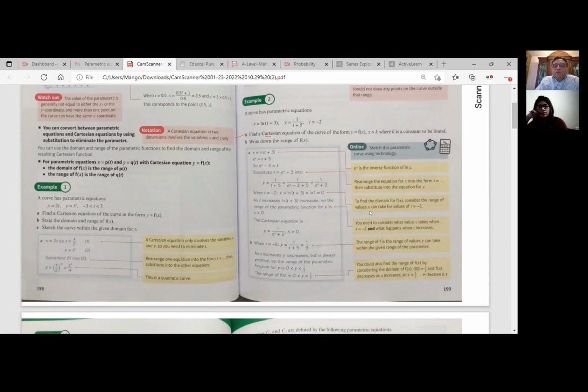Now, read this statement, please. When t equals -2, x equals ln of t plus 3, which is ln 1, which is 0. So it is always an increasing function, since natural log is an increasing function.